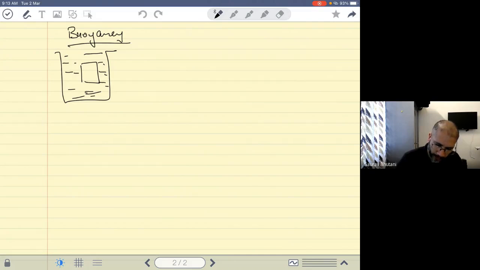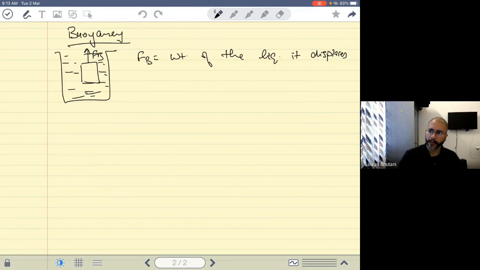Now, the force of buoyancy acting on the solid is nothing but the weight of the liquid it displaces. If the solid was floating, then you'll have to find out the amount of liquid it has displaced by finding out the amount of solid that is inside the liquid, and then you can find the force of buoyancy. Now, this force of buoyancy is not a new force as such.